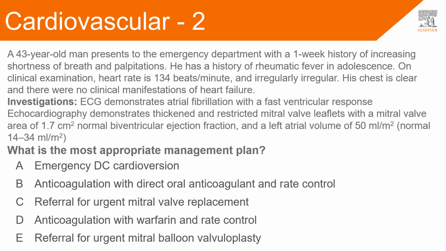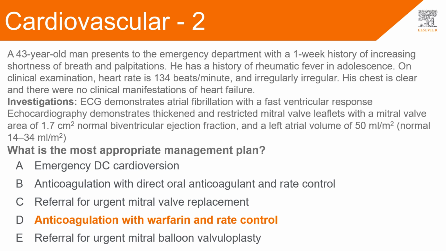So we've got a middle-aged man, goes to the emergency department, increasing shortness of breath, palpitations, history of rheumatic fever in the adolescent period. Heart rate's very quick, irregularly irregular, no manifestation of heart failure. We see the ECG, which demonstrates AF with fast ventricular response, and we see the echo response there as well. Have a think. What do you think is the best management plan for this gentleman?